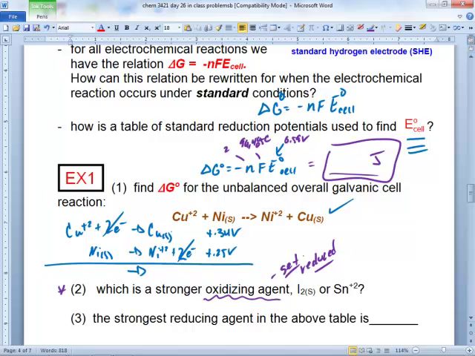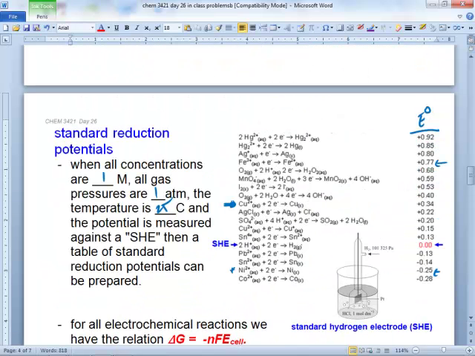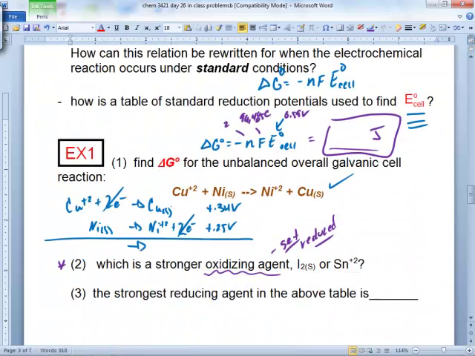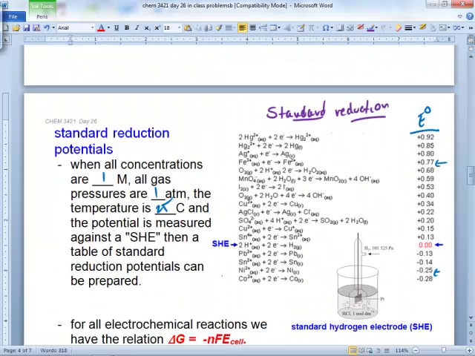The table is called standard reduction potentials, so they're always written as reduction potentials. So we want to look over here and find, what were the two? I2 solid and tin plus 2. Thank you.